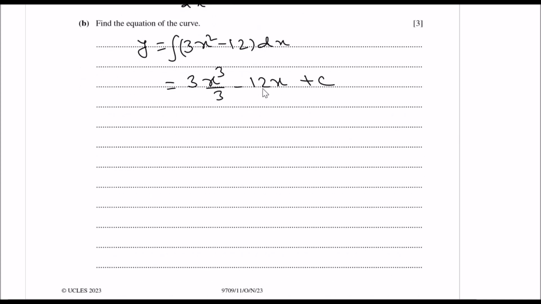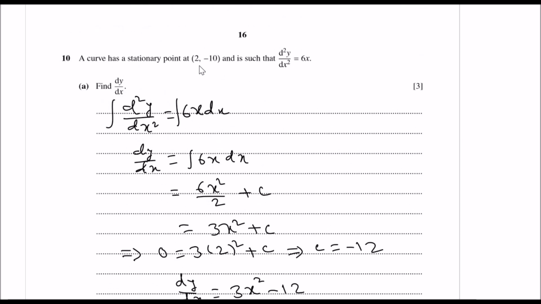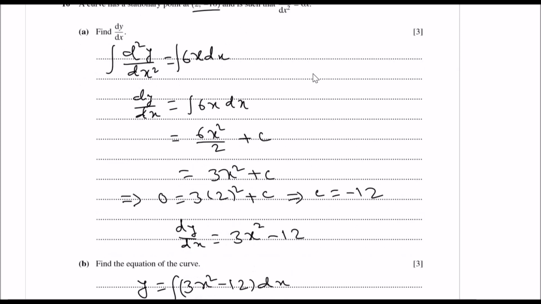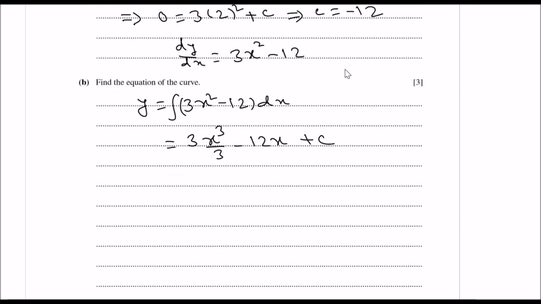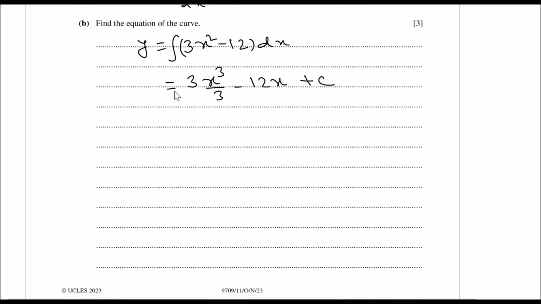Now the given point is (2, −10). Sorry, x = 2 and then y = −10. So let us put x = 2 and y = −10.